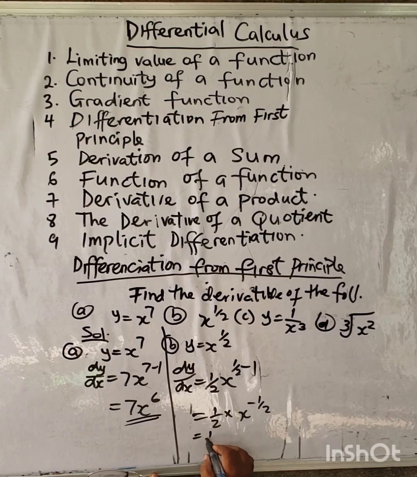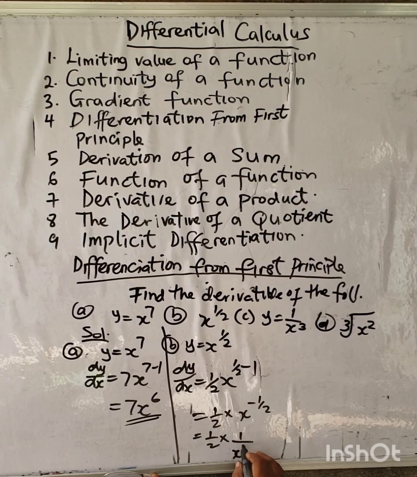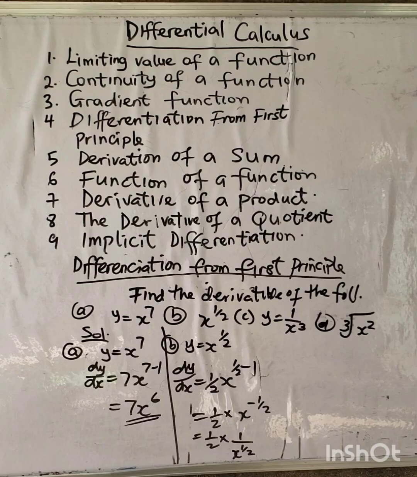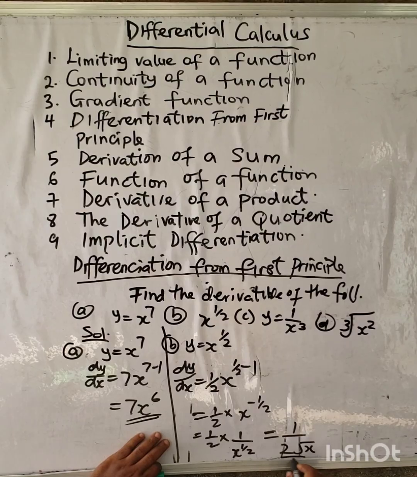This will become 1 all over 2 times 1 all over x to the power half. This will become 1 all over 2 root x.